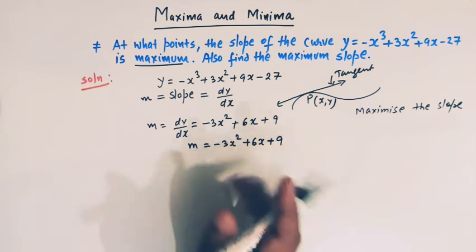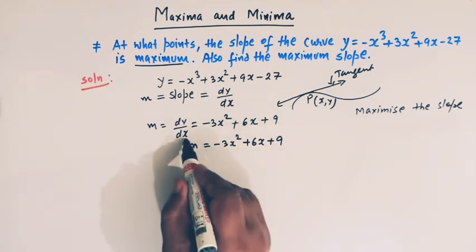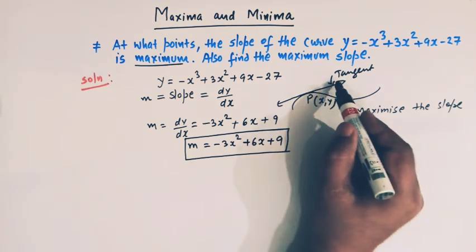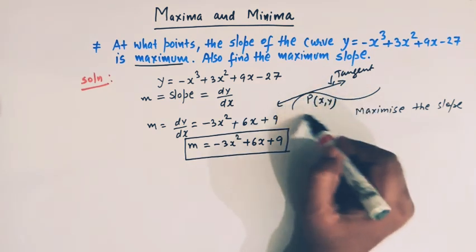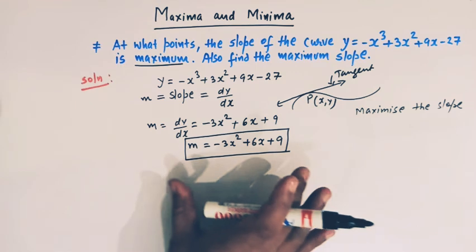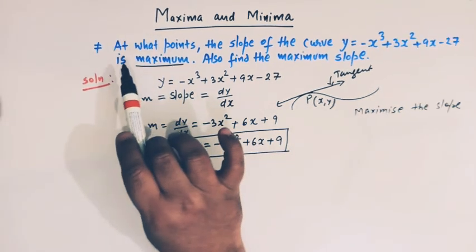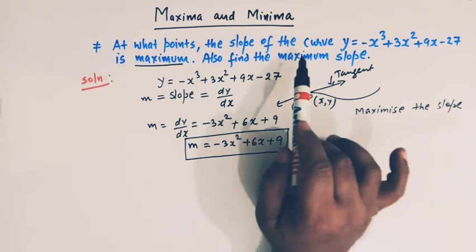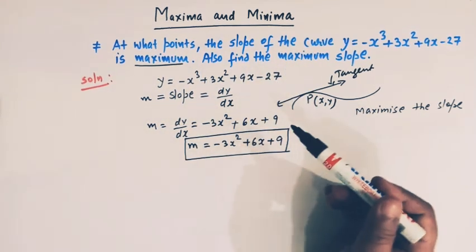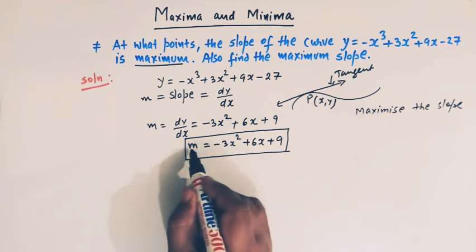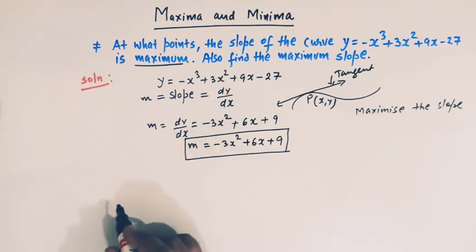Now this is the function which gives us the slope of the tangent to the curve at any point P(x, y). Now we have to maximize the slope, because we want to find the points at which the slope of the curve is maximum, right? So let us now differentiate m with respect to x.